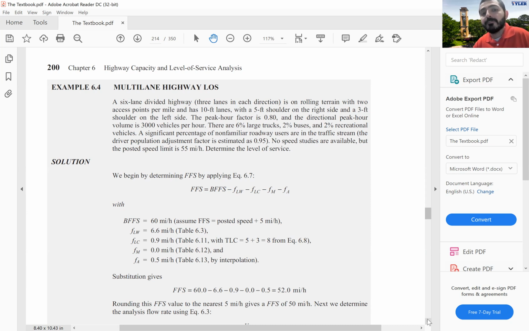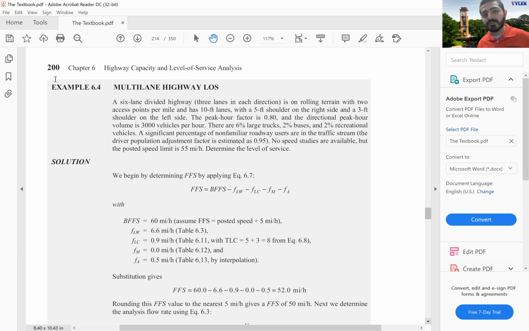There is a significant percentage of non-familiar roadway users in the traffic stream. And therefore, here the driver population adjustment factor is not 1 anymore, it's 0.95. No speed studies are available, but the posted speed limit is 55 miles per hour. Determine the level of service.